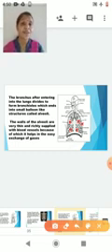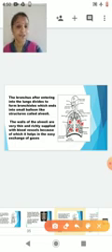The alveoli will contain oxygen-rich air which will be passed into the blood, and the carbon dioxide-rich air from the blood will be taken up by the alveoli and will be expelled out through our respiratory system. Now, this exchange of gases we will study in the next period.